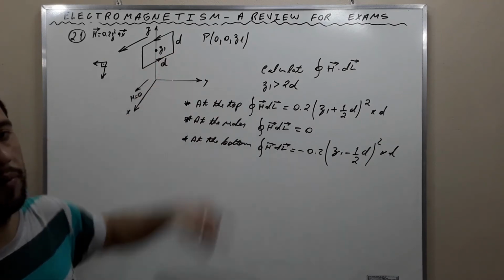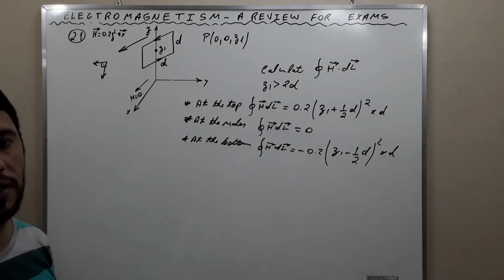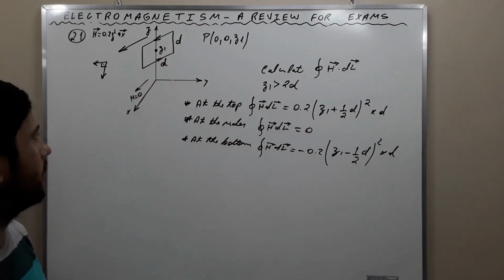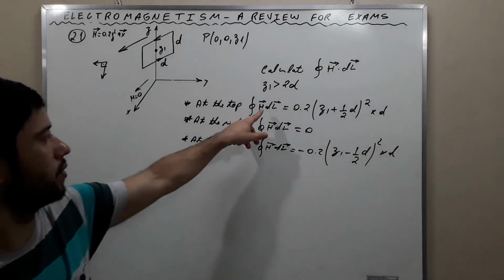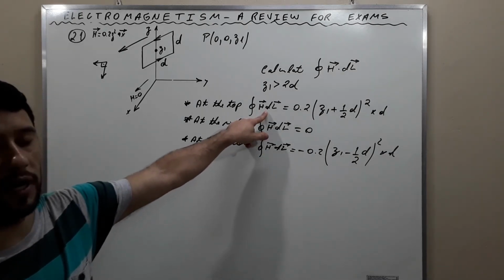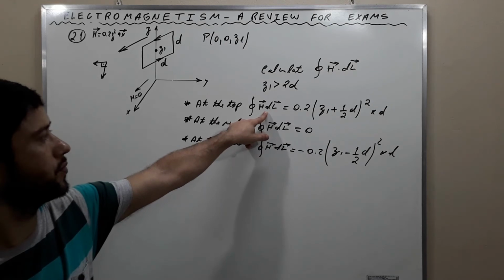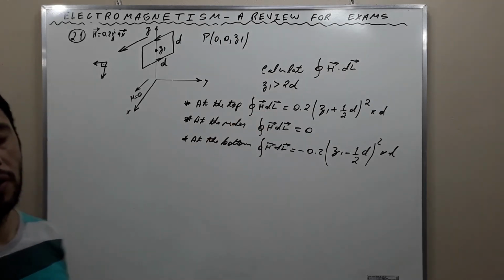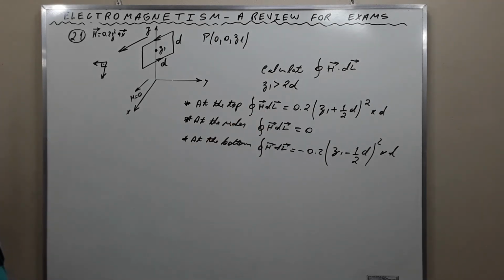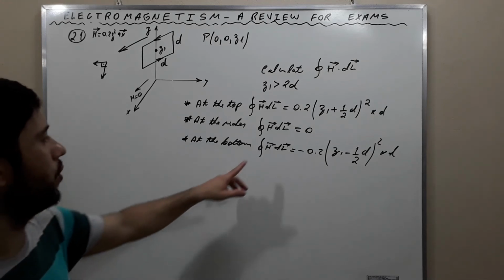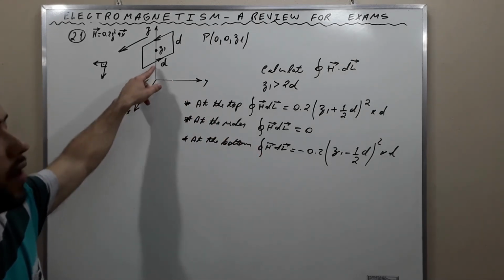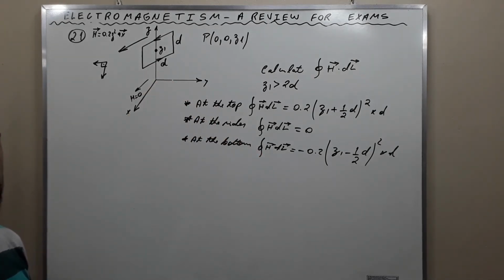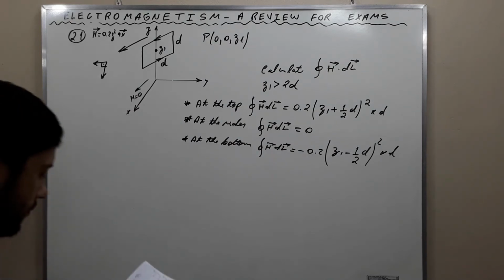So they make up an angle of 180 degrees, and when vectors are in the same direction, the dot product is 1, and when they are in opposite directions, the dot product is negative 1.